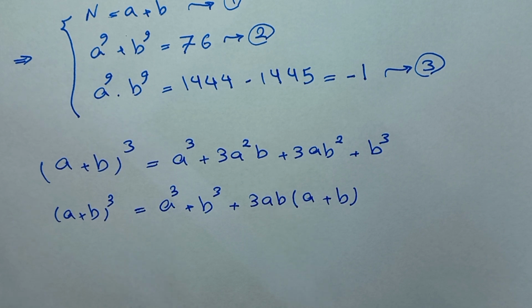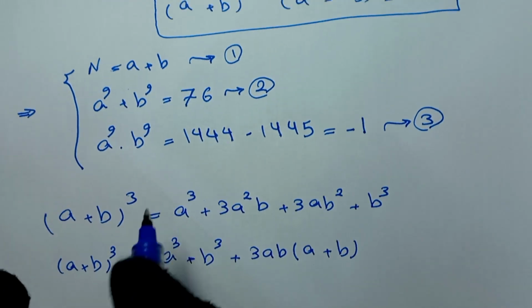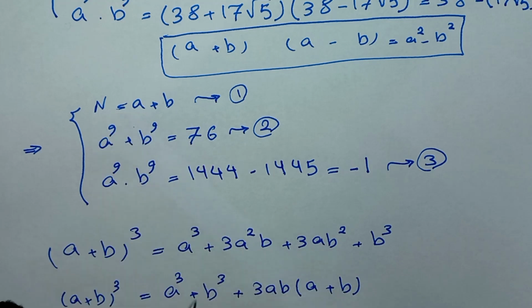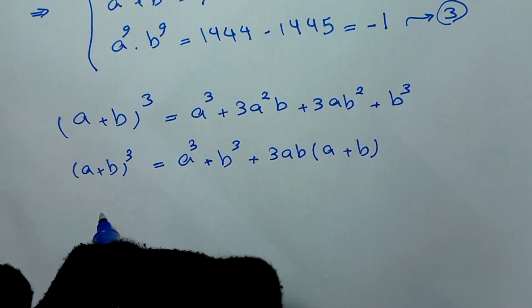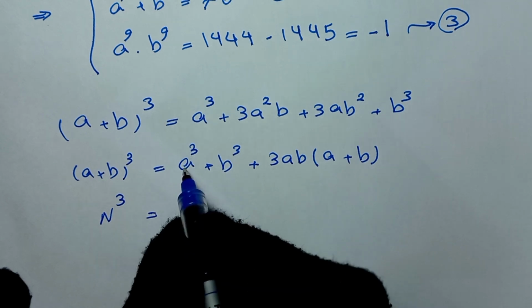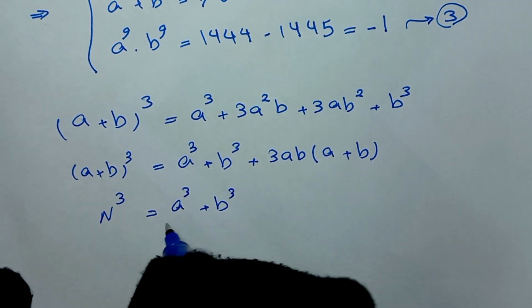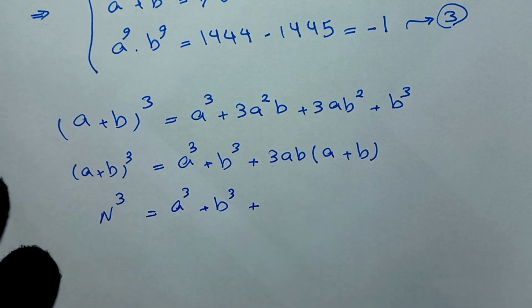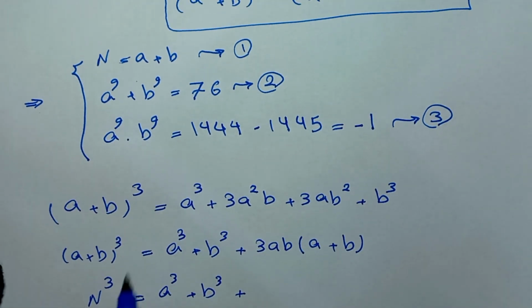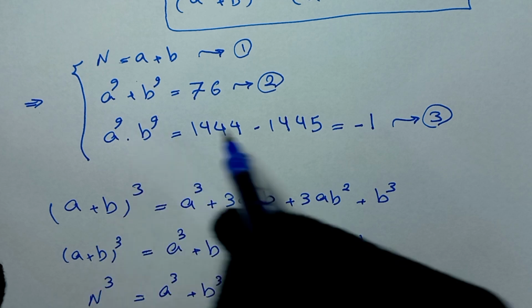So, from here, a plus b from equation 1 is n, right? So in here we write n to the power of 3 is equal to a cube plus b cube and plus 3ab. In here we have a to the power of 9 times b to the power of 9, right, is equal to -1.